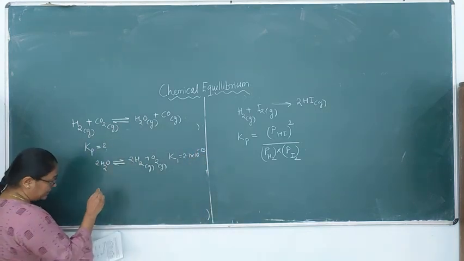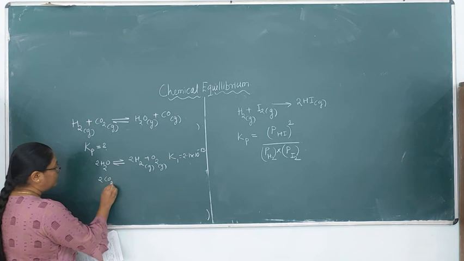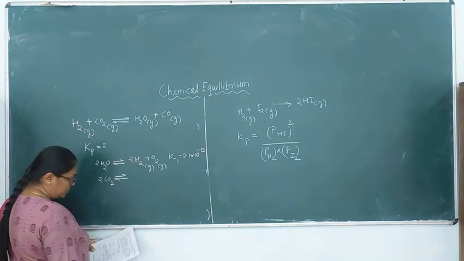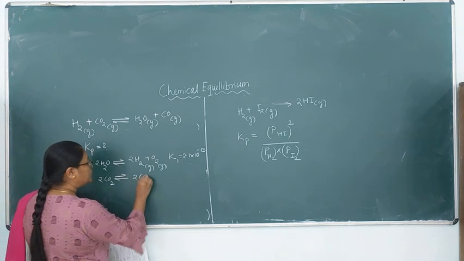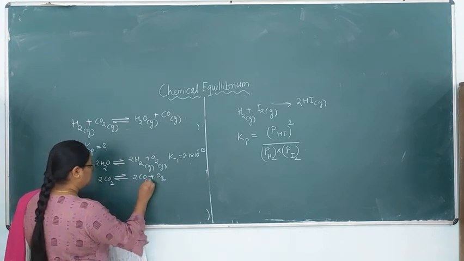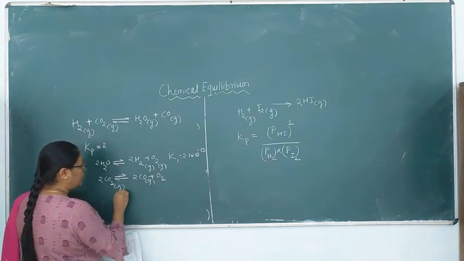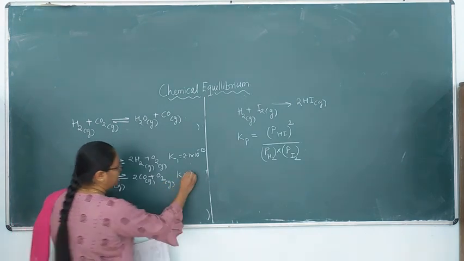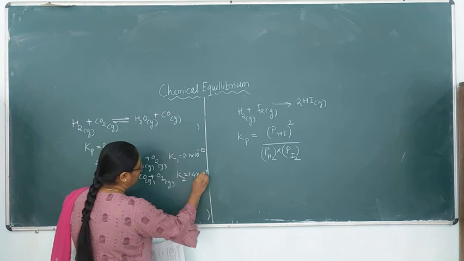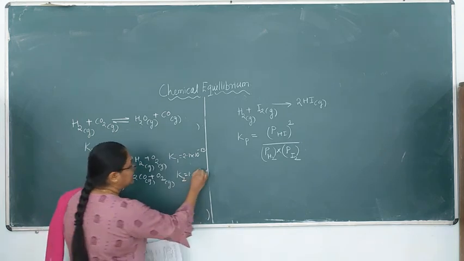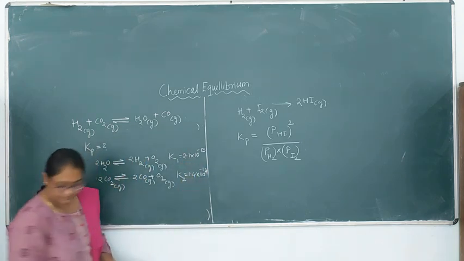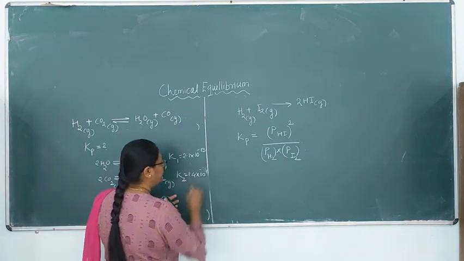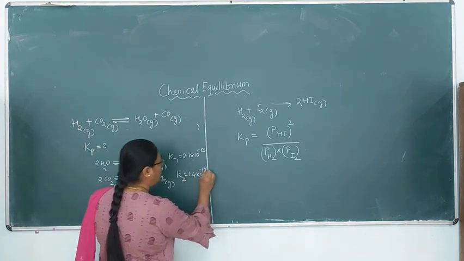And another reaction is given, twice of CO2, which gives twice of CO plus oxygen. These are all again in a gaseous form. And the equilibrium constant given for this reaction is 1.4 into 10 to the power minus 12. So this is the problem.